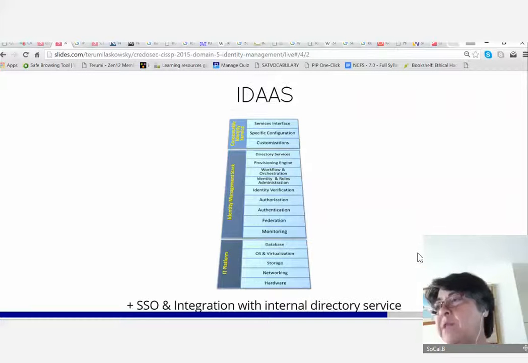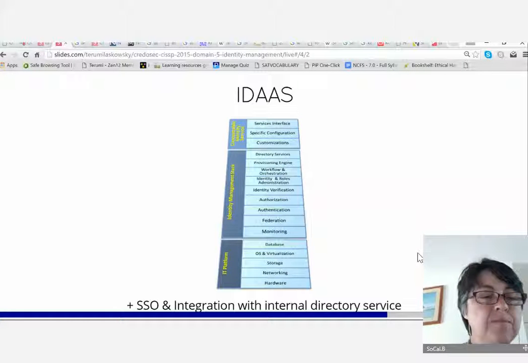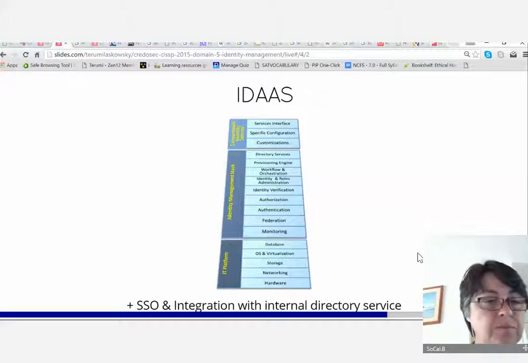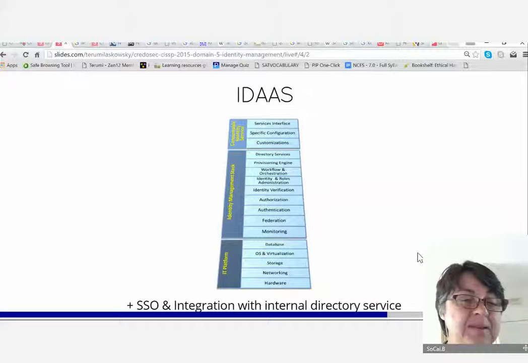So I took this out. This is my wish list of IDaaS. Yeah, Christopher. Oh, I see. That accepts the identity? All the assertions are ultimately signed in-house.